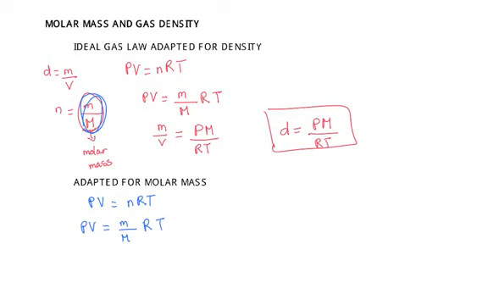So if I solve for molar mass, that's going to be equal to m times RT over PV. You can write it this way, that is acceptable. Or you can say that m over V is density. So you can say that capital M is equal to density times RT over P.